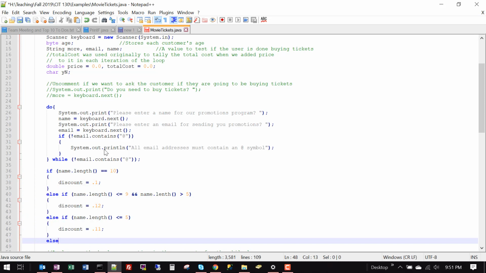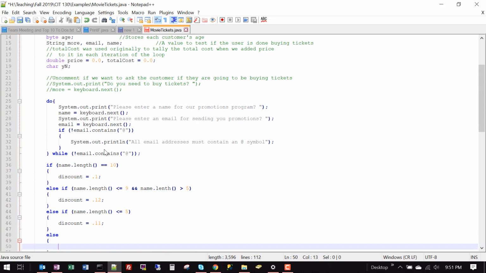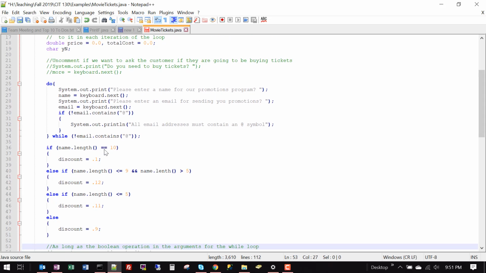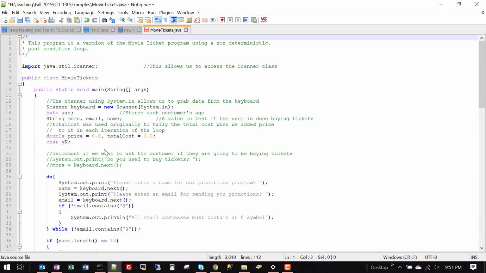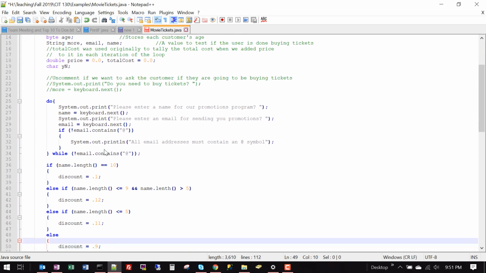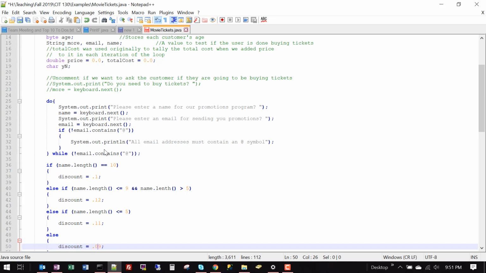In this case, if it's not that, then we'll make the discount equal to 9%. Doesn't matter. The point here is, oops, not 90%. Oh, shoot. 9%.